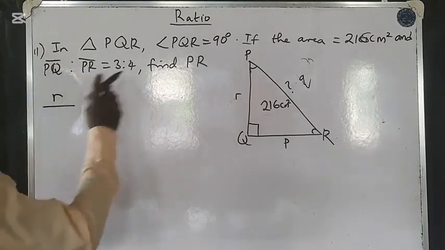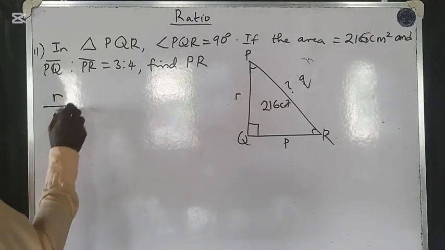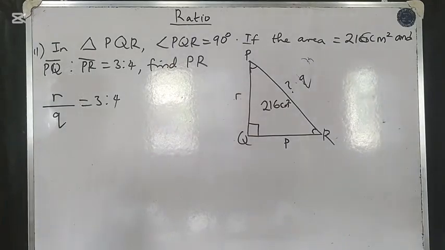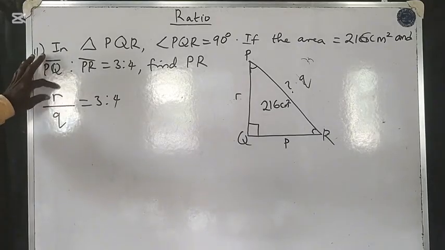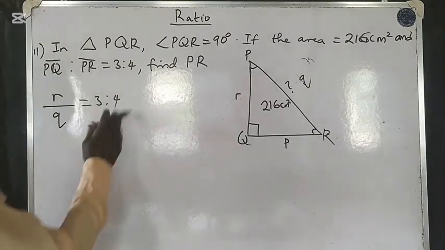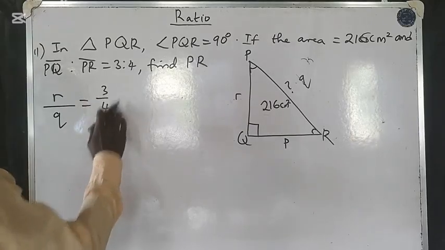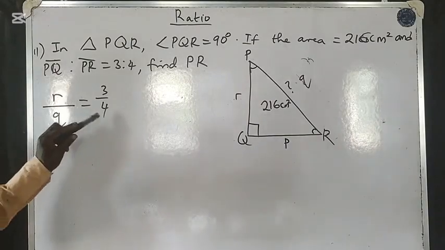PR is now Q. So we write R ratio Q is equal to 3:4. R ratio Q, that is R over Q, equals 3/4. We always see that a ratio is also another form of fraction.